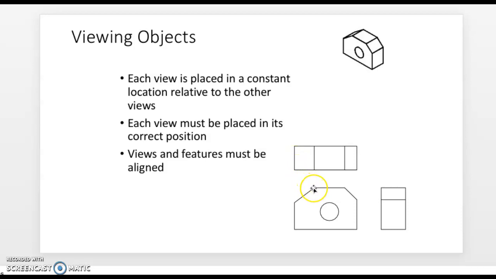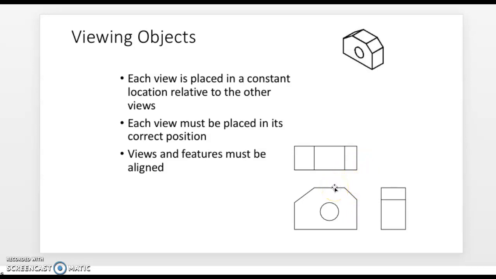This corner of the front view is located in the top view with this line showing the edge. Same thing here. This right corner in the front is displayed in a line located directly above it in the top. Right edge of the front, right edge of the top.